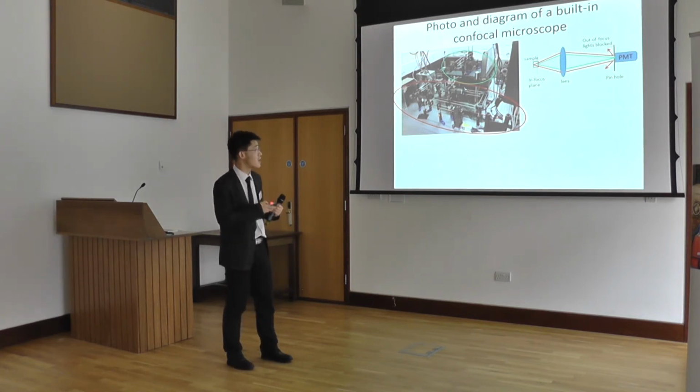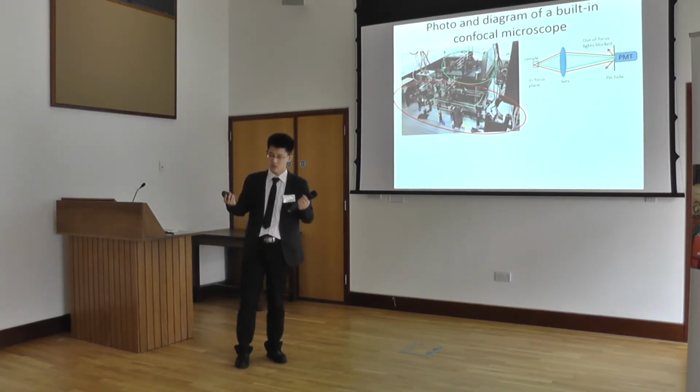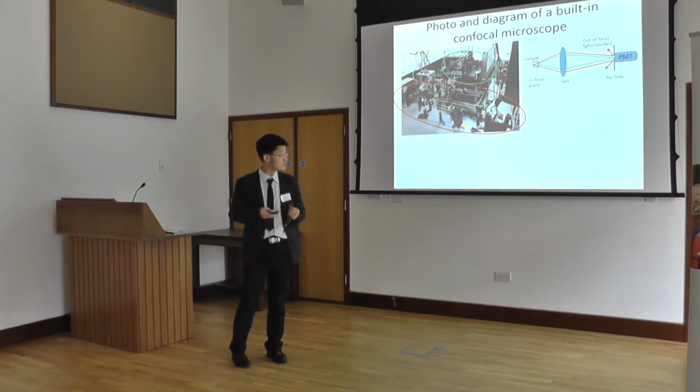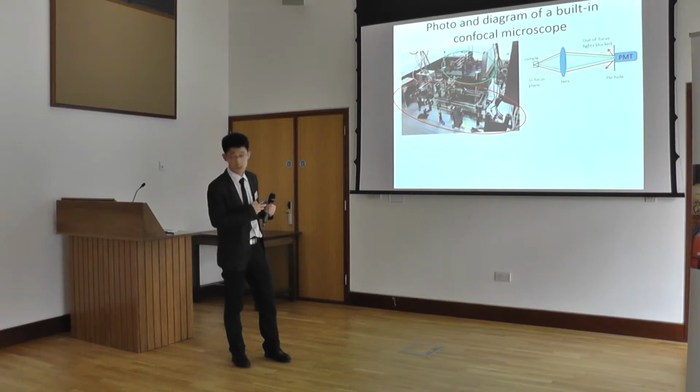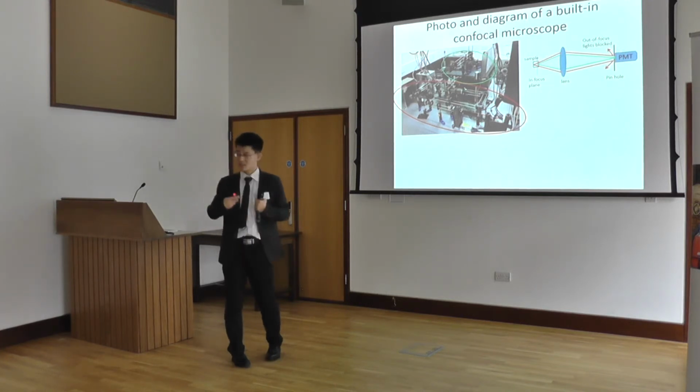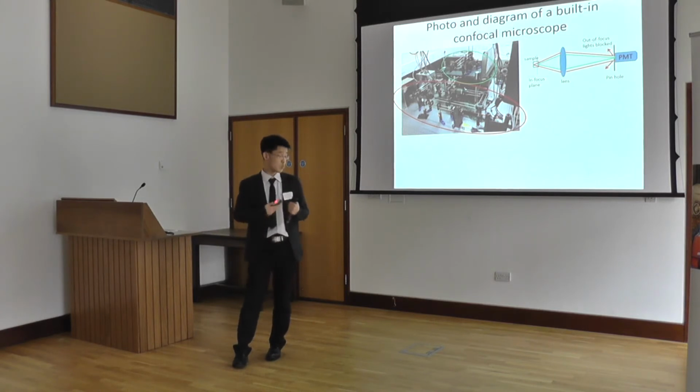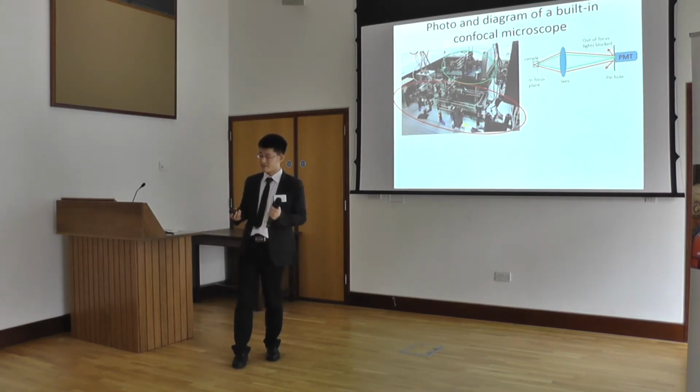It forms a good image with the best resolution you can get. But imagine you don't have this pinhole here, then the green light and the red light from another plane, different from the in-focus plane, are also going to go into your detector. That's where your blur comes from. That's why you couldn't have a good three-dimensional image.